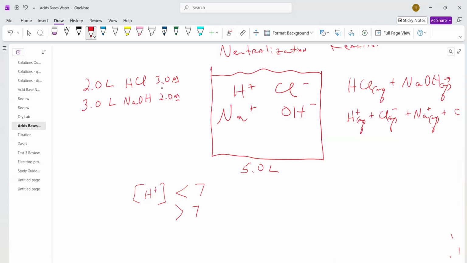First thing is moles of H. Now we know if we calculate the moles of HCl, we're going to get the moles of H. Concentration times liters gives us moles.